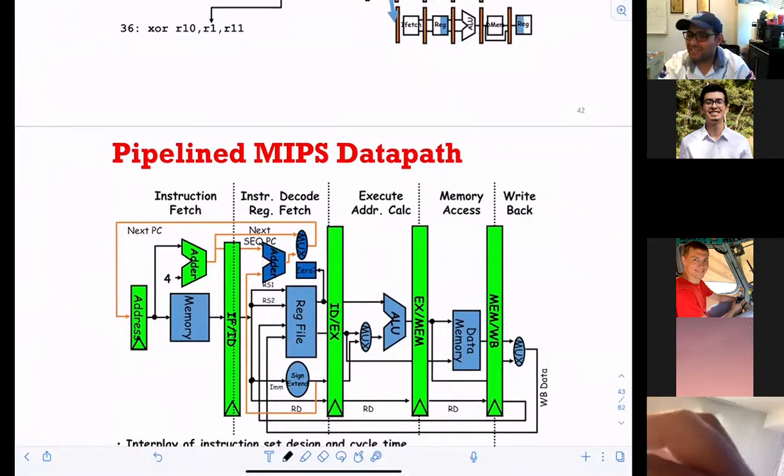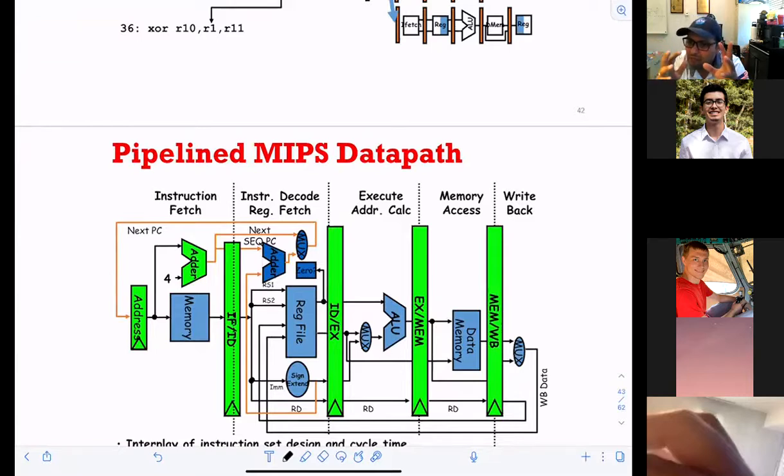But it still acts as a single cycle because I cannot take the second instruction while I'm executing the first instruction and so on. But at least I push the maximum frequency a little bit higher. That makes sense? Yeah, that makes sense.